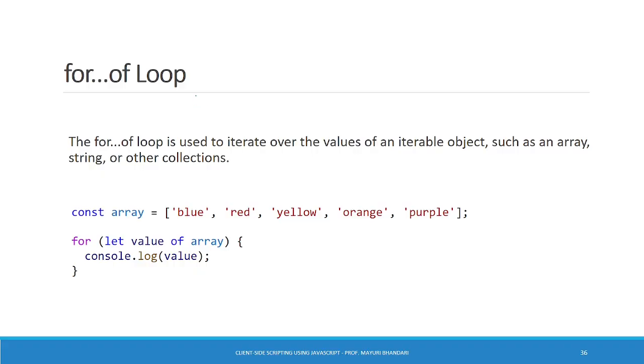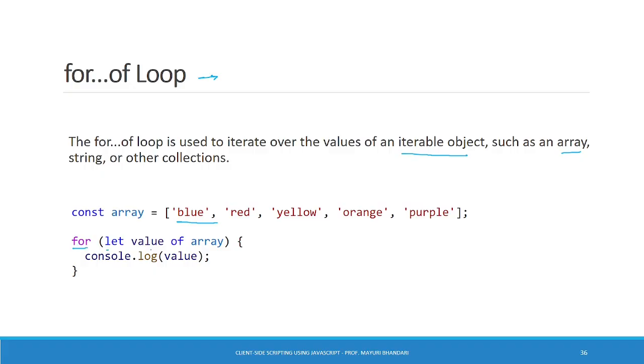Then the next variation of for loop is for of. The for of loop is used to iterate over values of an iterable object like an array. If you have an array, you can also iterate over it using a simple for loop, but in JavaScript you have the for of loop with which you can also iterate over an array. How to use it?